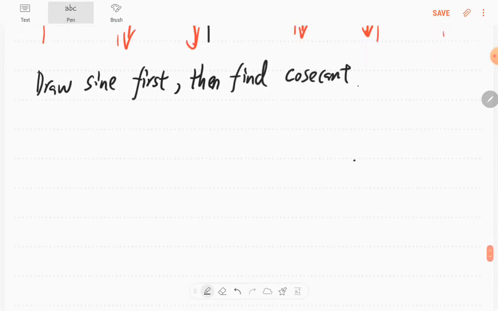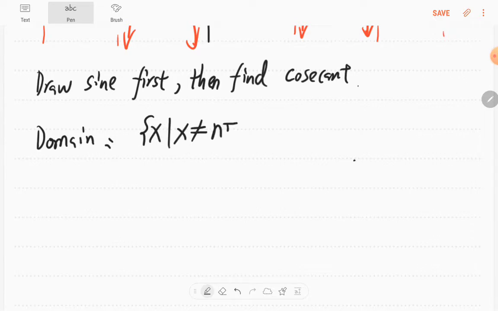So let's look at the domain. Domain is all x such that x is not equal to n pi, because sine of n pi equals 0. So range.